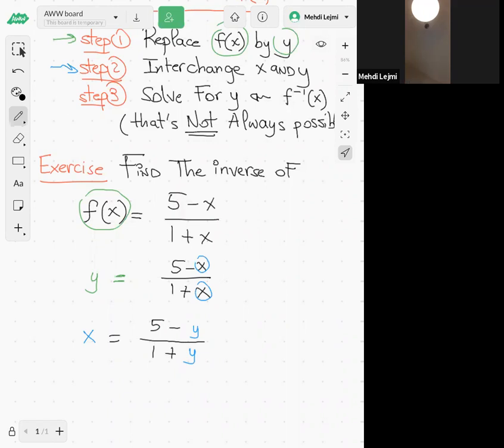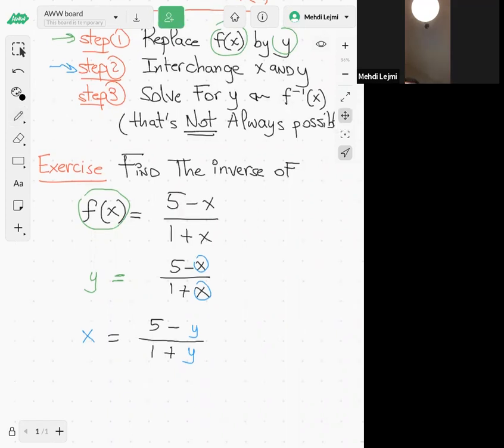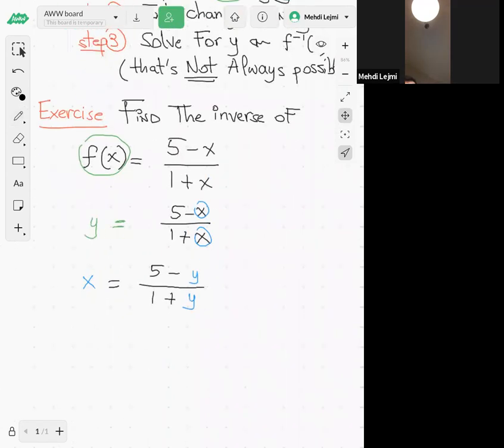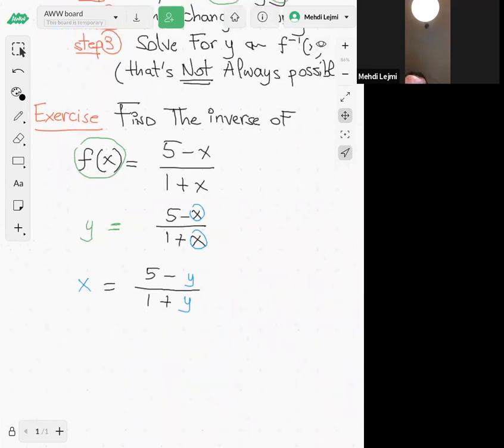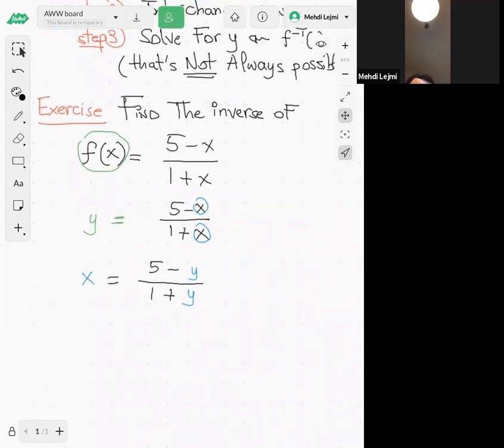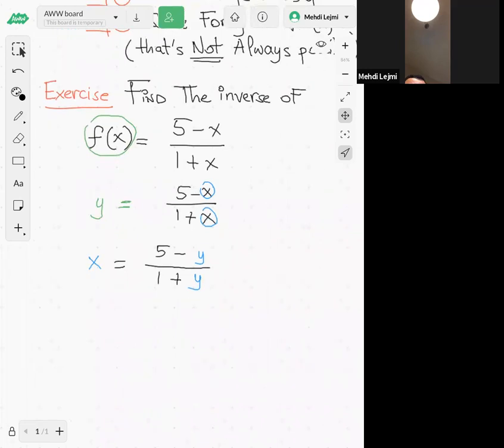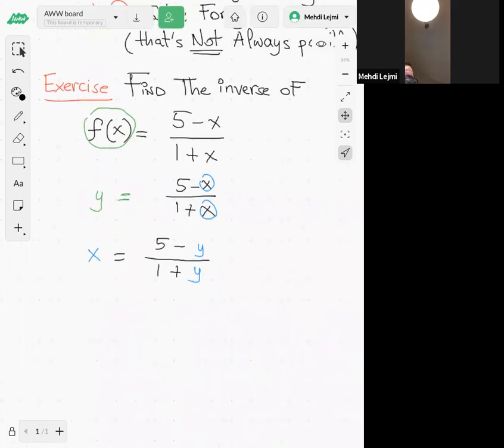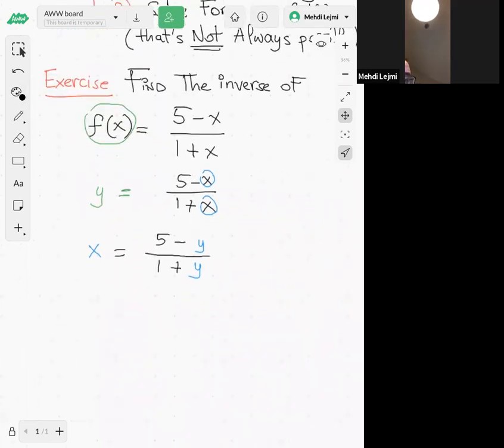Last step now, which is sometimes tricky, depending on the problem, of course. As I said, it's not always possible to solve for y, and sometimes it's just tricky. So here, I need to solve for y in this last step. And there's a problem here, as I said yesterday.